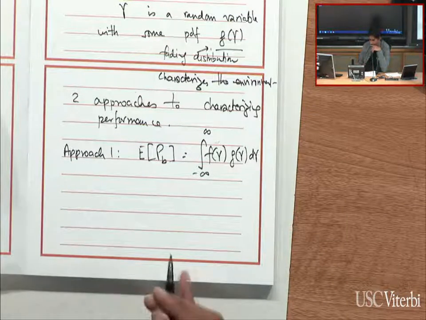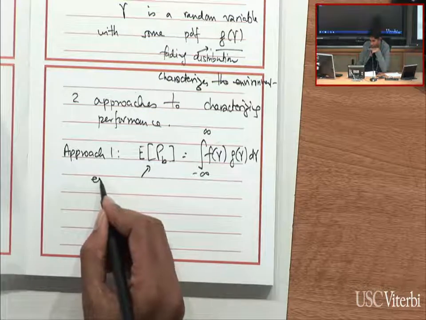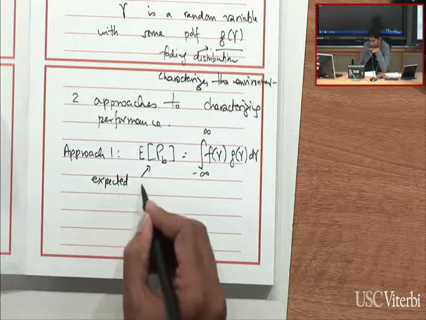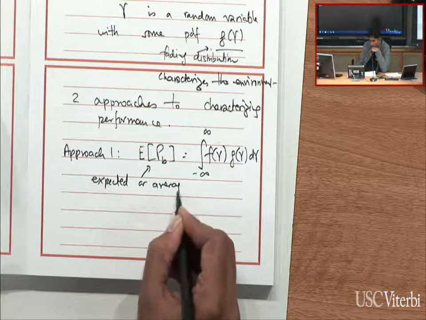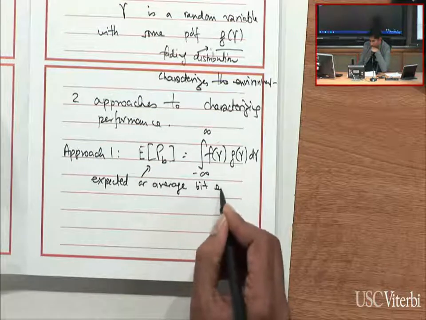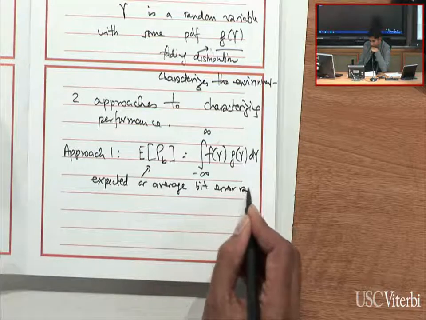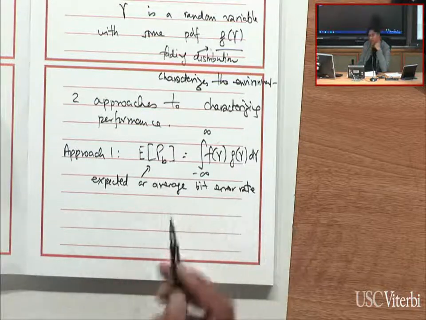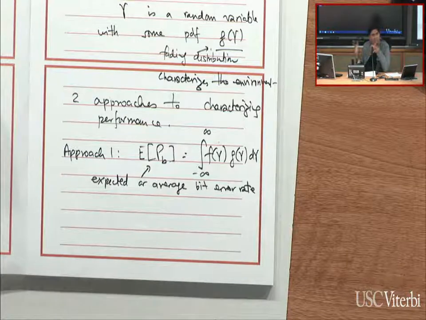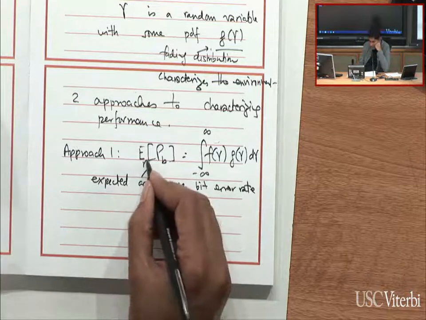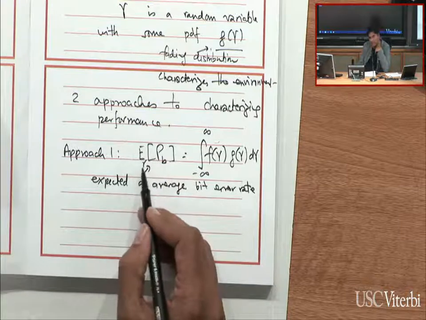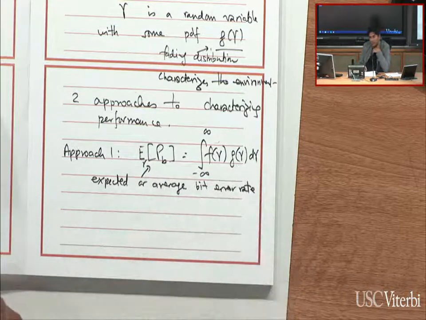Okay. So this is what we call the expected or average bit error rate, where the averaging is over the environment, all the stochastics of the environment. Sometimes we denote this with gamma here to say it's an expectation over gamma, which is the random variable.